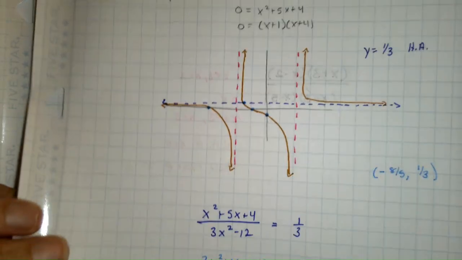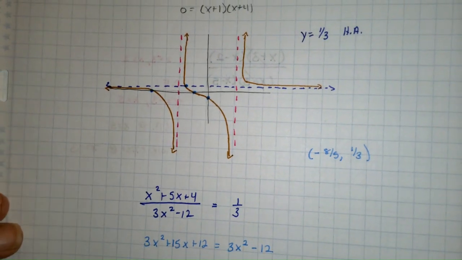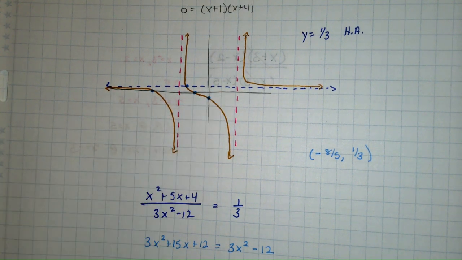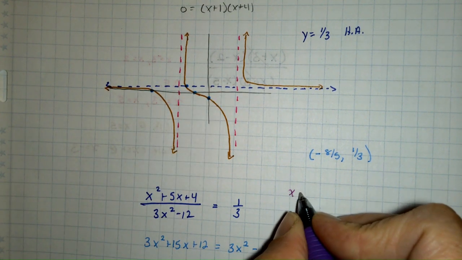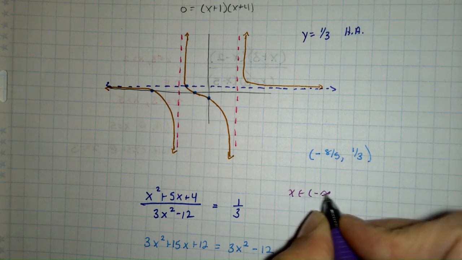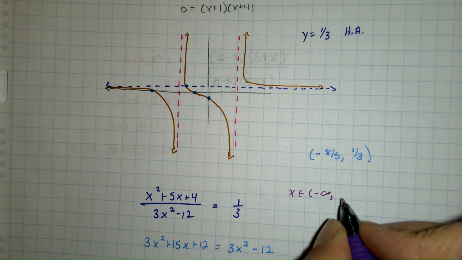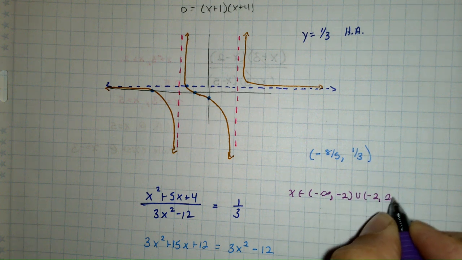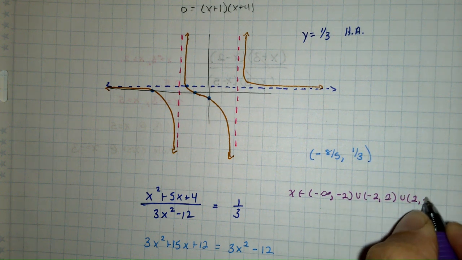Now I do want to go over the domain and the range for this particular equation that we did a moment ago. So for our domain, we have to skip these numbers. So x is from negative infinity to negative 2, or negative 2 to positive 2, or 2 to infinity.